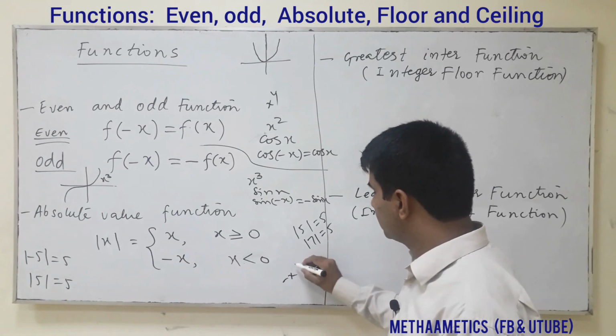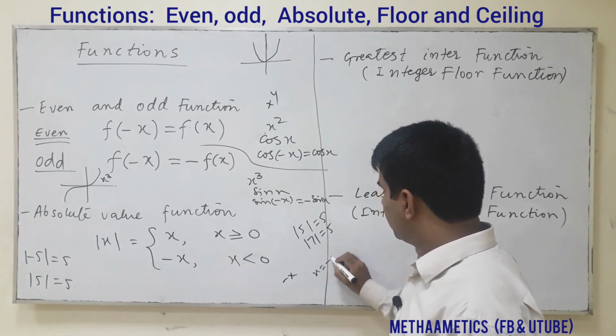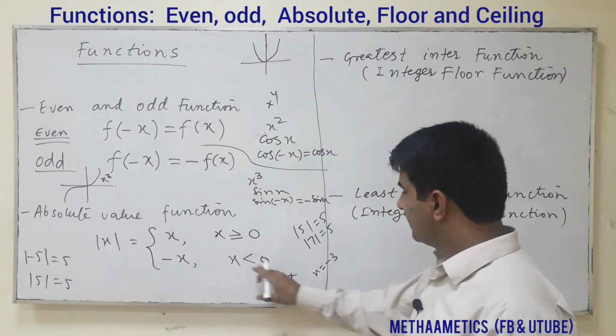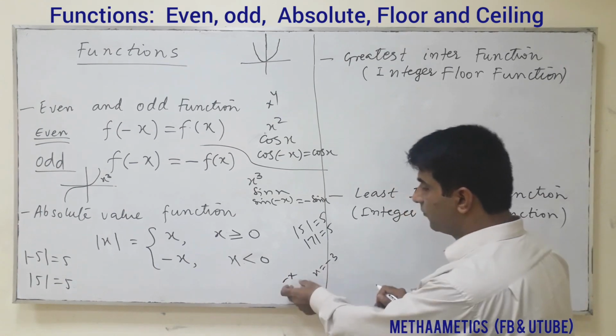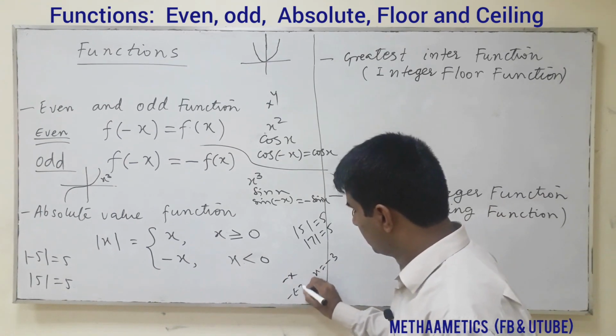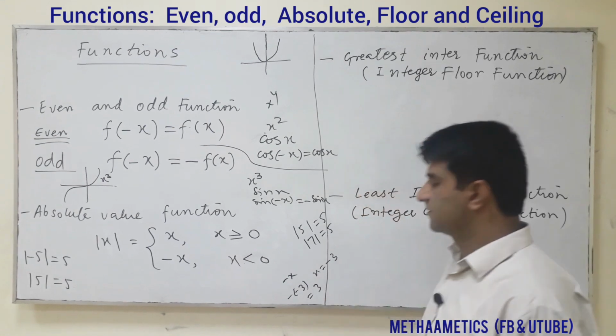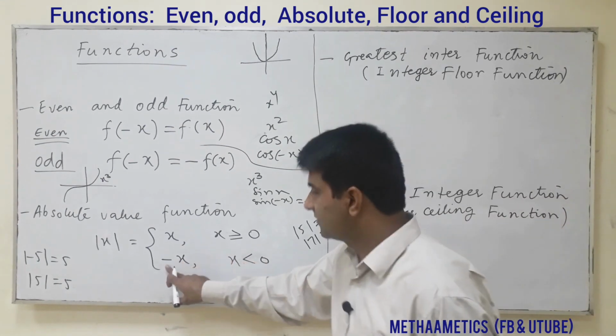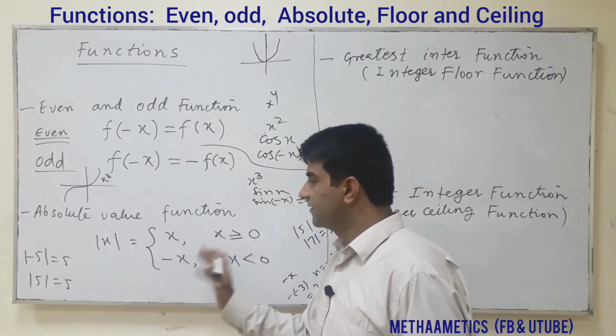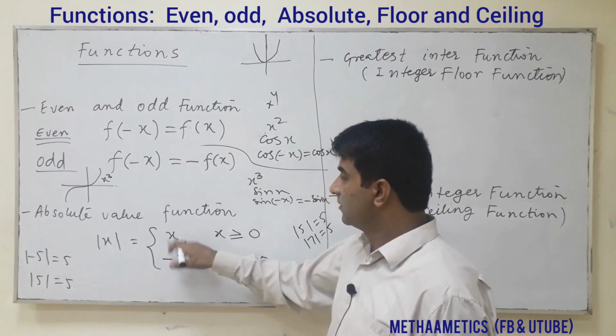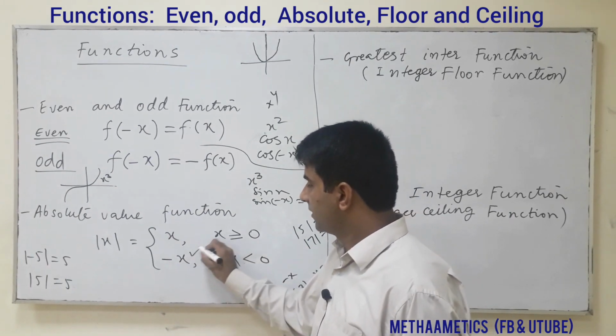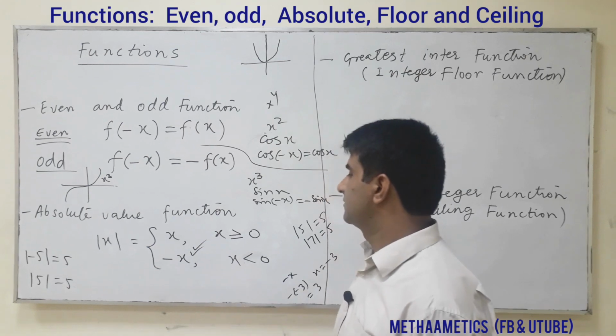Suppose the value of x is minus 3, which is less than 0. Put minus 3 here, and this becomes plus. This minus is for making the value positive. So in this function it is given as minus x.